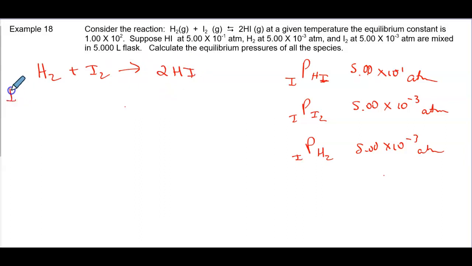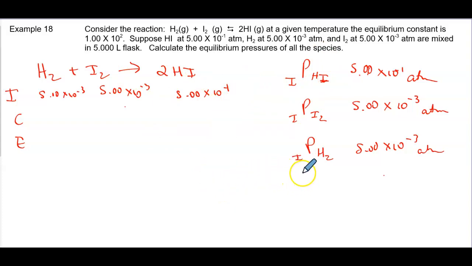I have I, C, E here. This is going to be 5.00 times 10 to the negative third, and 5.00 times 10 to the negative third, and 5.00 times 10 to the negative first, based on my word problem. Okay, I have no zero, so I do not know which direction.